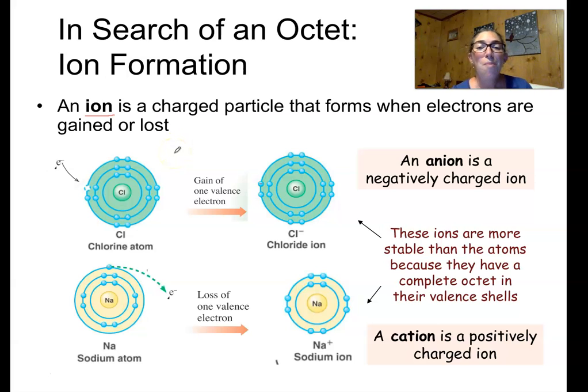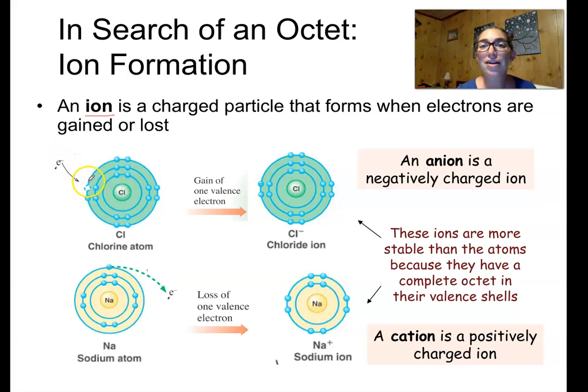All right, so there are two types of ions: the negatively charged ones and the positively charged ones. Negatively charged ions form when an atom gains an electron. Chlorine is a classic example. Chlorine is a group 7 element, so it has 7 valence electrons, with that one empty spot.